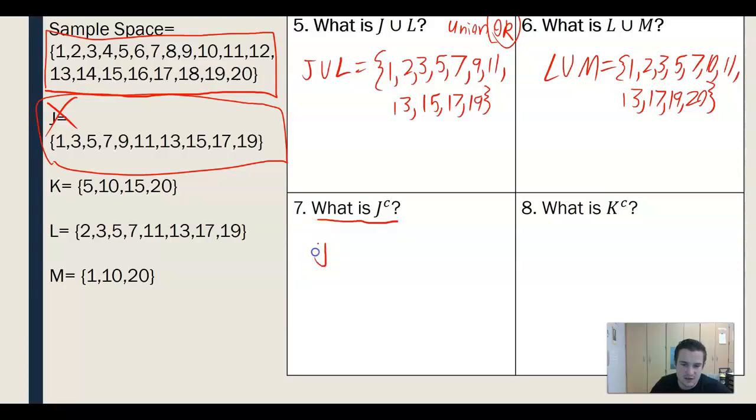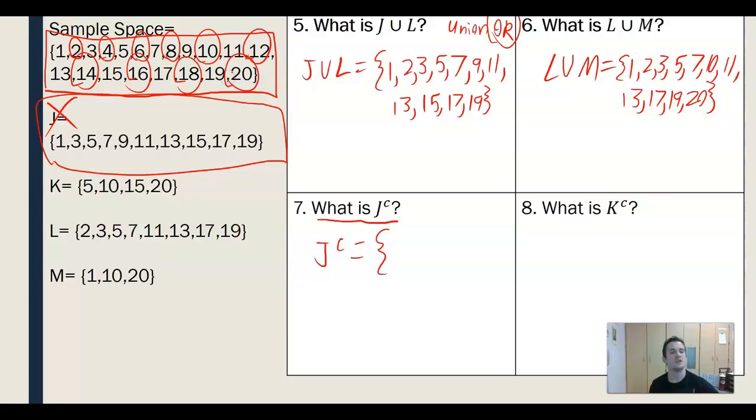So notice here, J complement, what are the numbers that are going to be in here? Well, I have a 1 in set J, I don't have a 2, I have a 3 in set J, I don't have a 4, I have a 5, I don't have a 6, I have a 7, I don't have an 8, 9, I don't have a 10, I don't have a 12, I don't have a 14, 16, 18, or 20.